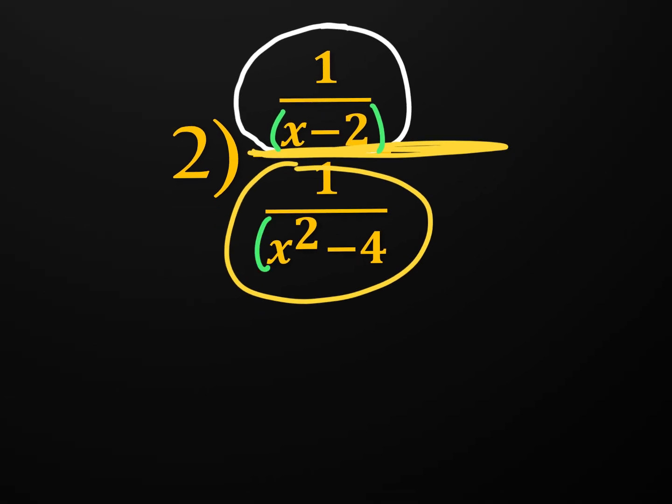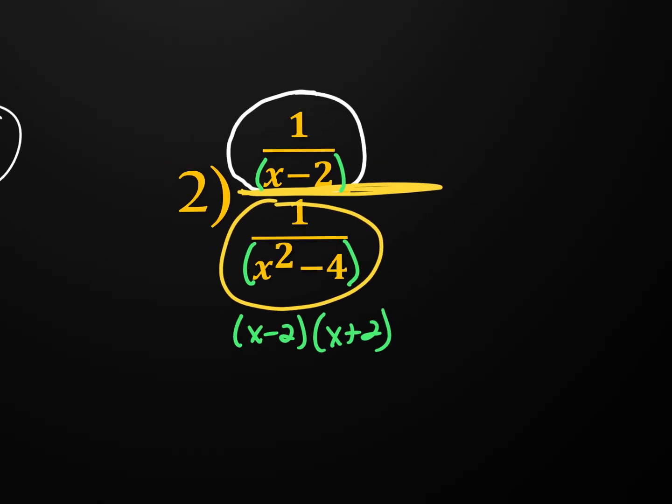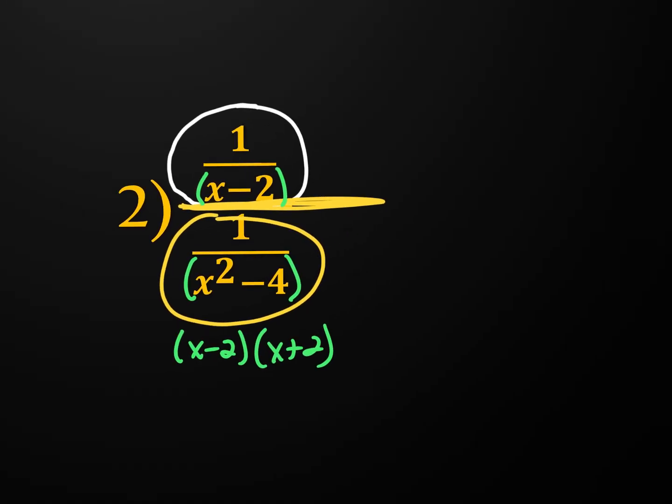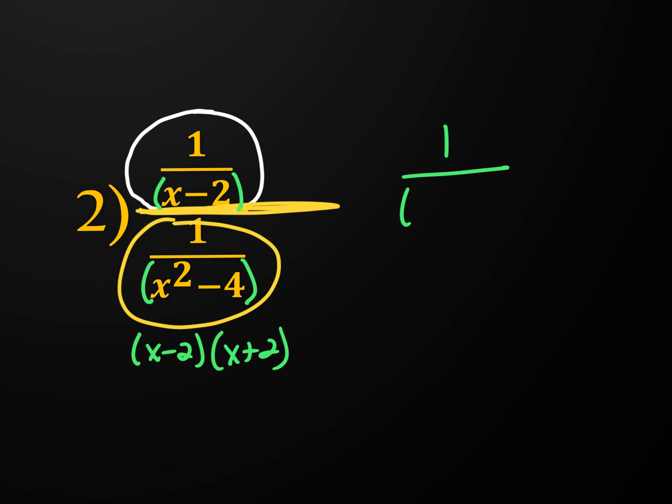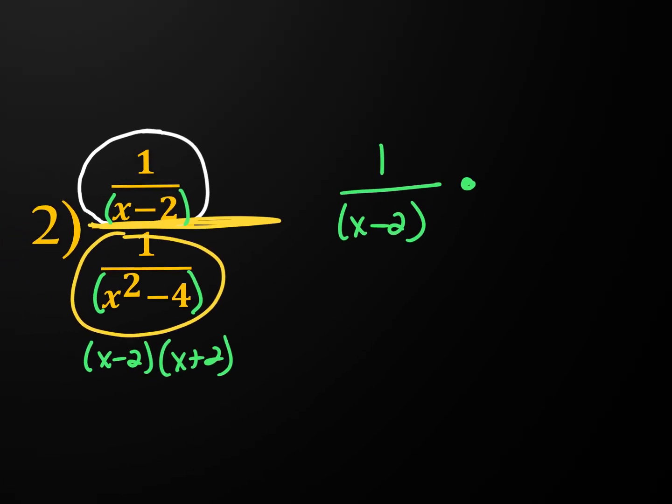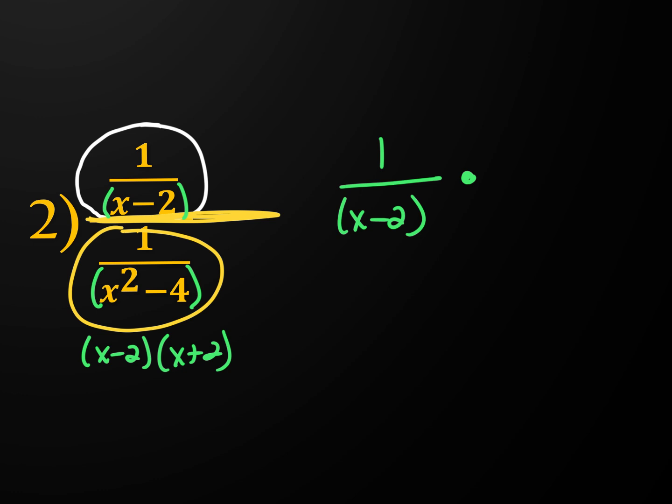You don't have to do it right this second, but if you wanted to, what would it be? X minus 2 and x plus 2. Okay, perfect. So we're going to keep, change, flip. I'm going to keep 1 over x minus 2 times, when I flip, what does my numerator become? X minus 2, x plus 2 over 1.